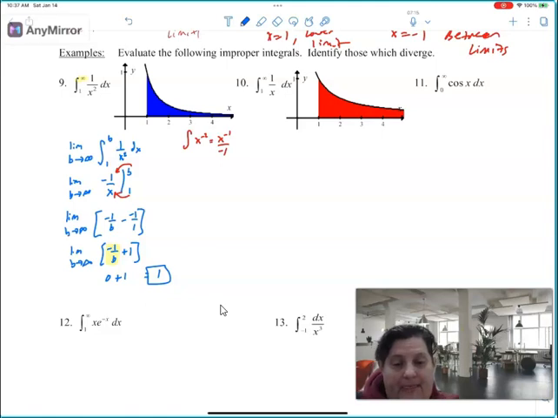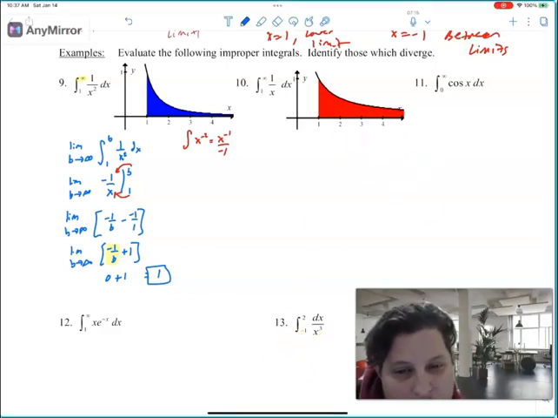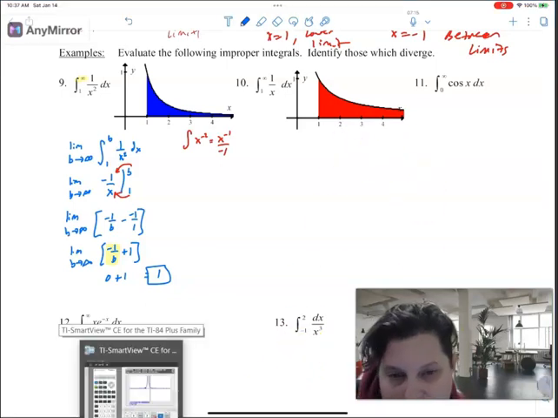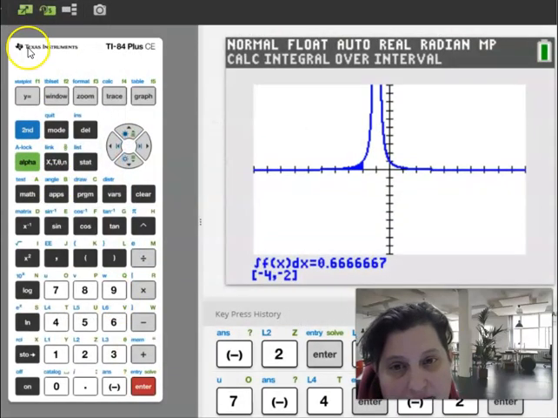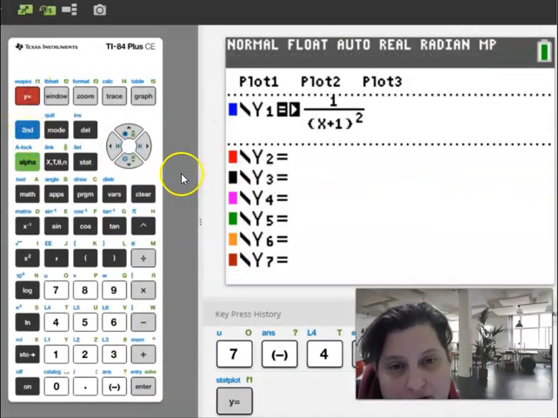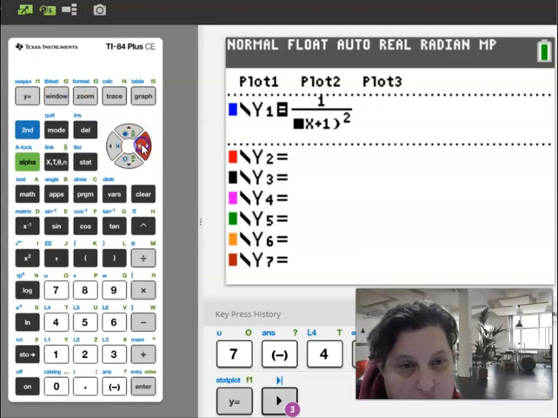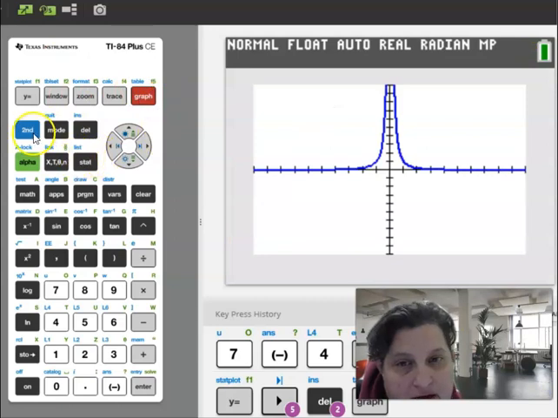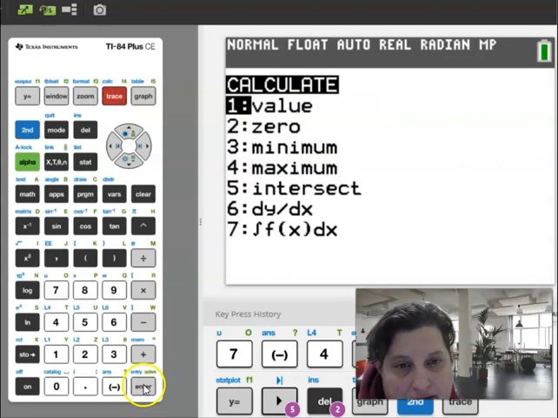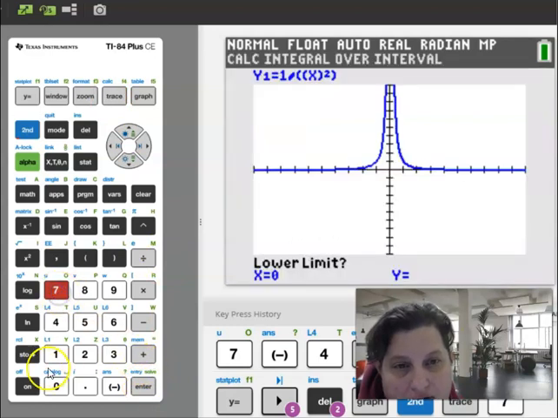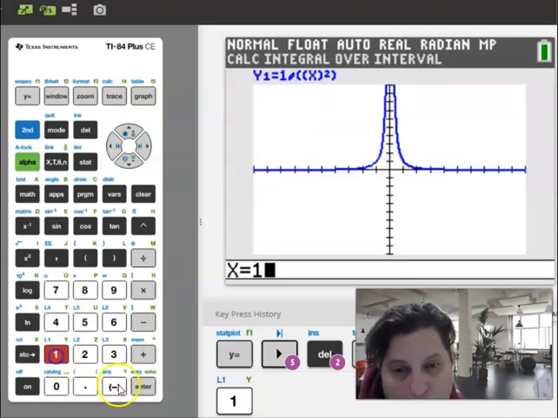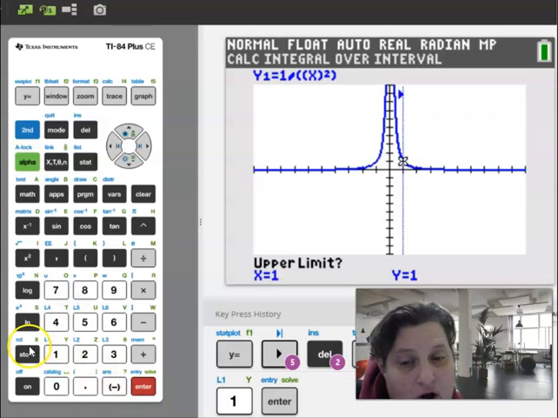Now, I can't really show you on your calculator. You can't really go to infinity, but check this out. Let's make this 1 over x squared, so I can do that by just deleting this. Okay, there's what my graph looks like. Let's calculate the integral from 1 to a very large number.